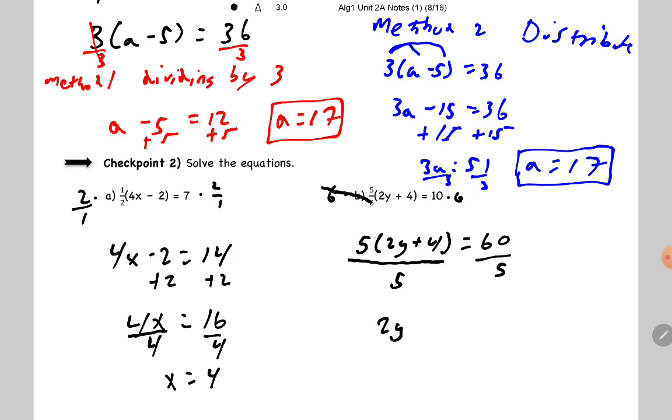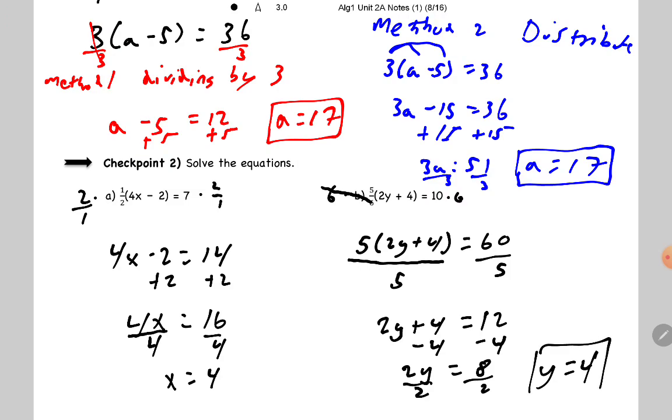So I'll get 2y plus 4 equals 12. Subtract 4 from both sides. Lastly, 2y equals 8. Divide by 2 on both sides. y equals 4.